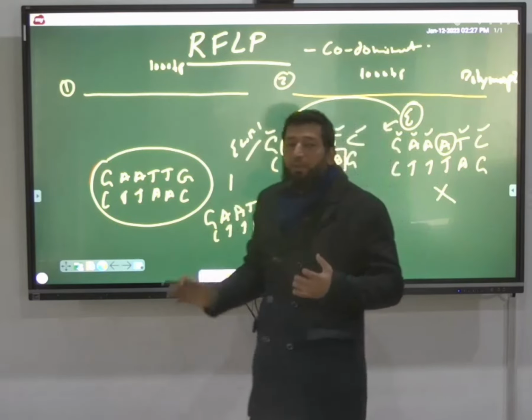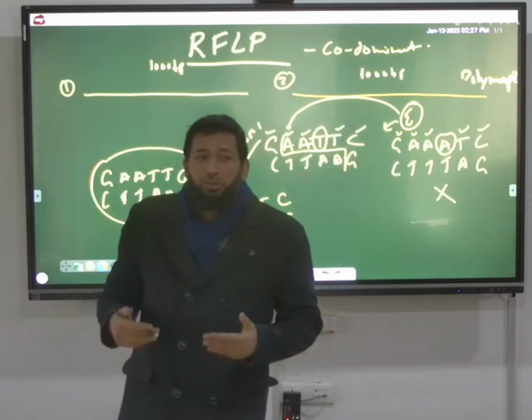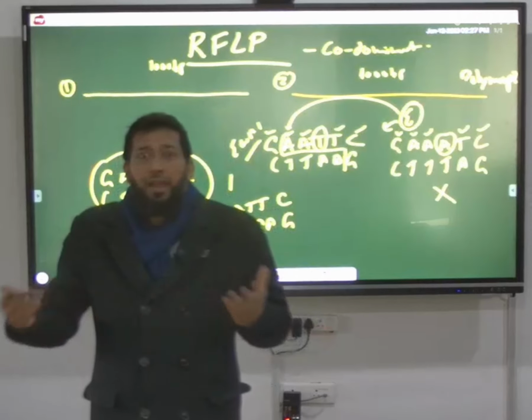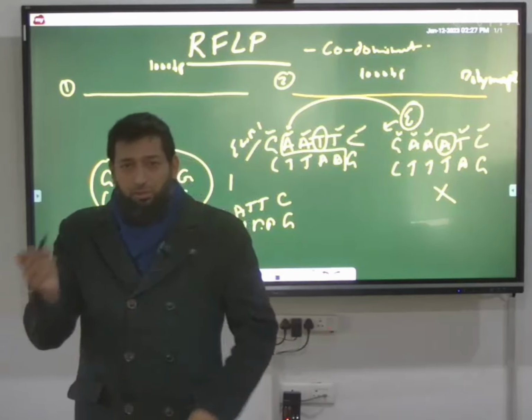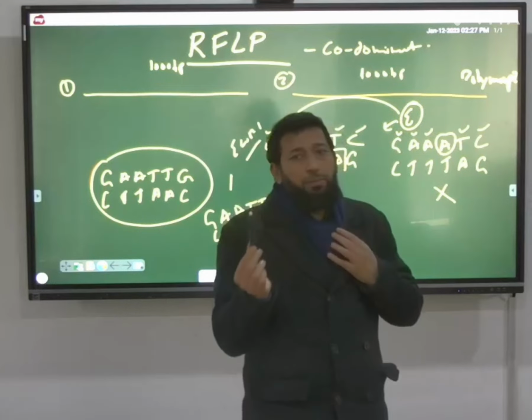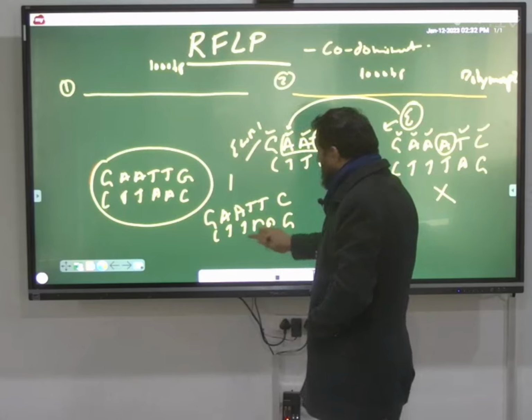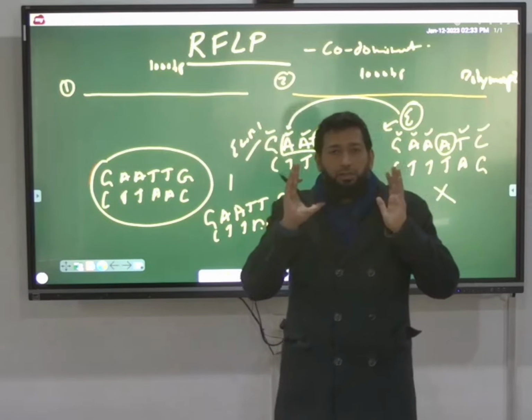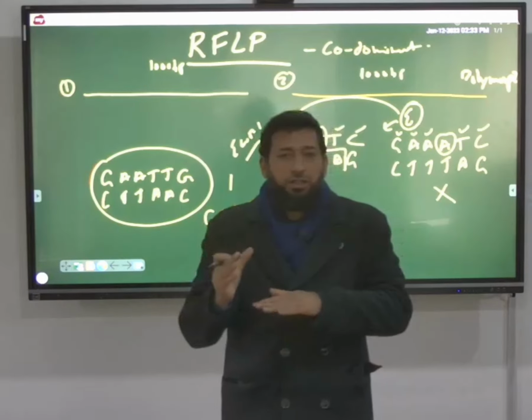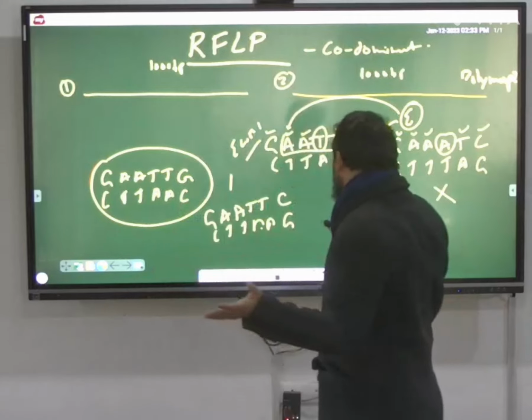That means here what has happened is that a restriction site has been added, which was not there before. So one mutation at one place. Now you have two cases. So now you know that either a restriction site can be abolished or a restriction site can be added. Both things can happen.